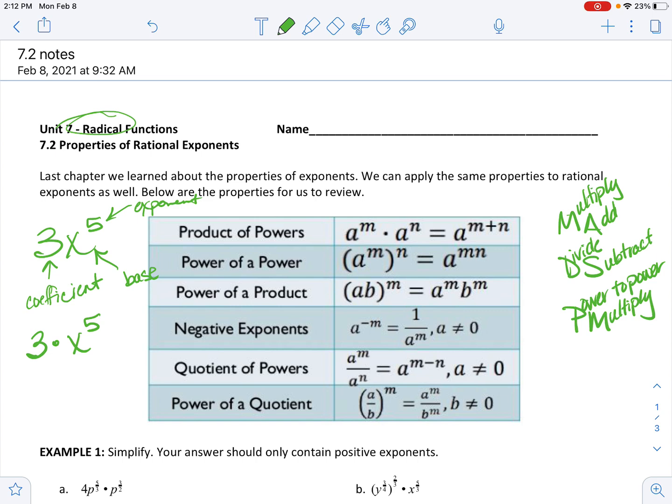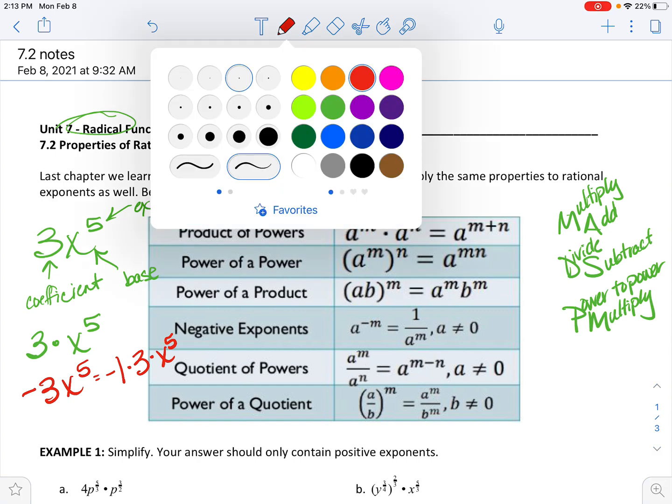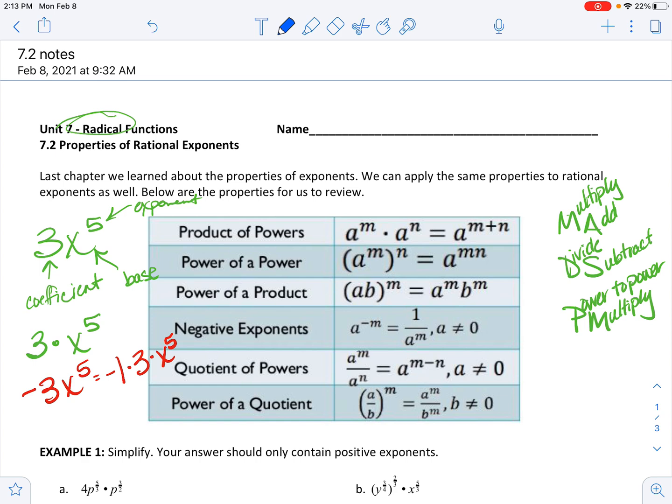Now, the reason why I wrote that very quickly was that there's a few things I can add in here. If I add a negative 3x to the 5th, this is actually the same thing as saying negative 1 times 3 times x to the 5th. Doesn't seem like it's all that big of a difference, but keep that in mind. Or what happens if I write it with parentheses?